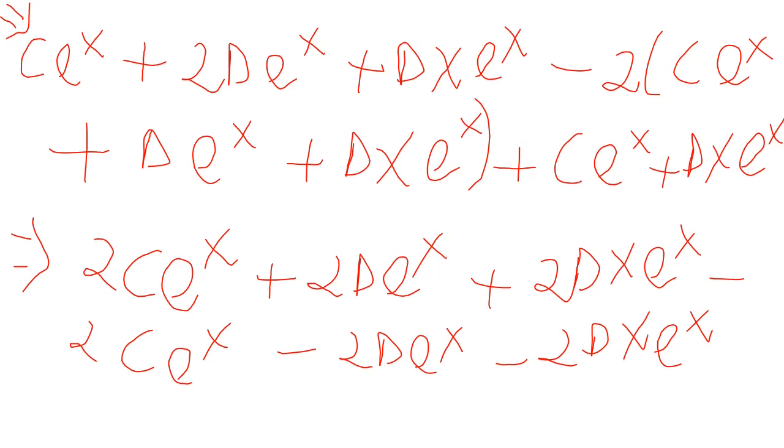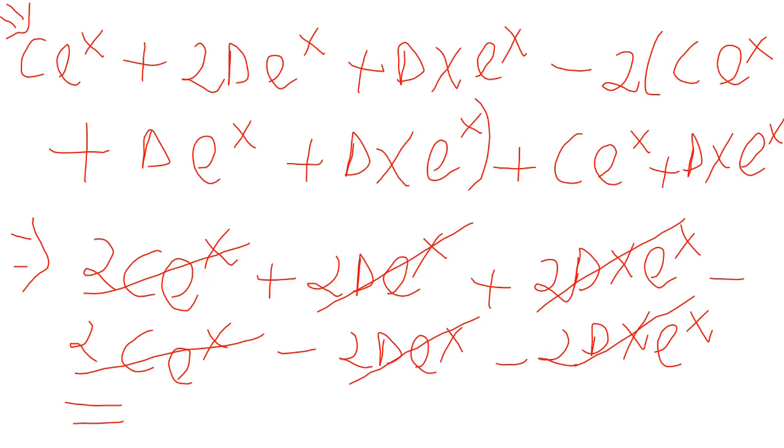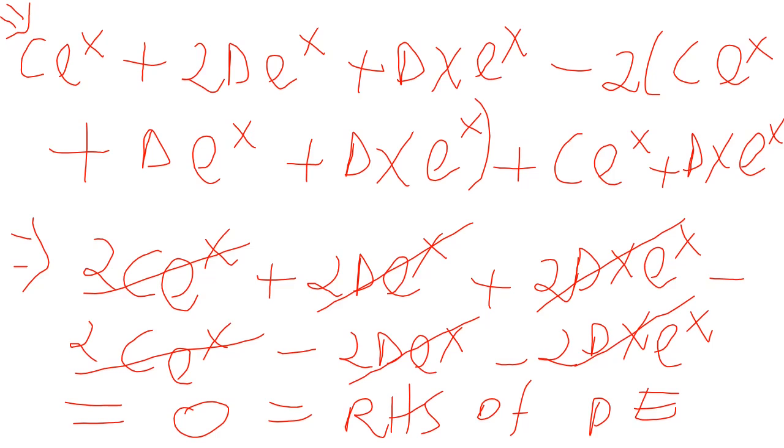Essentially, all of these 2c e to the x will subtract this other 2c e to the x, same with the 2d e to the x, and same with the 2dx e to the x. So all of this will be equal to 0, which is equal to the right hand side of our differential equation.